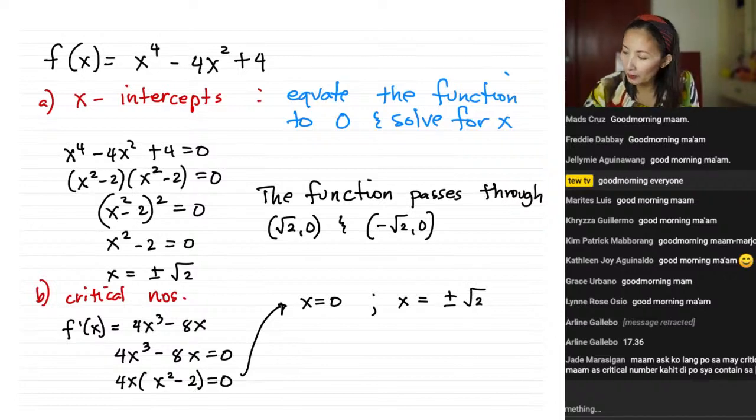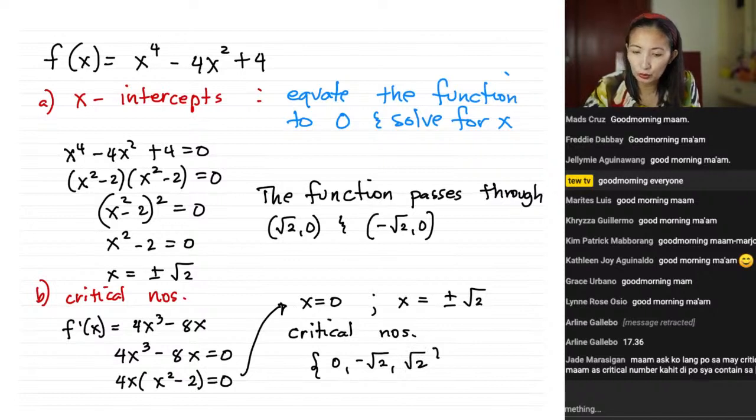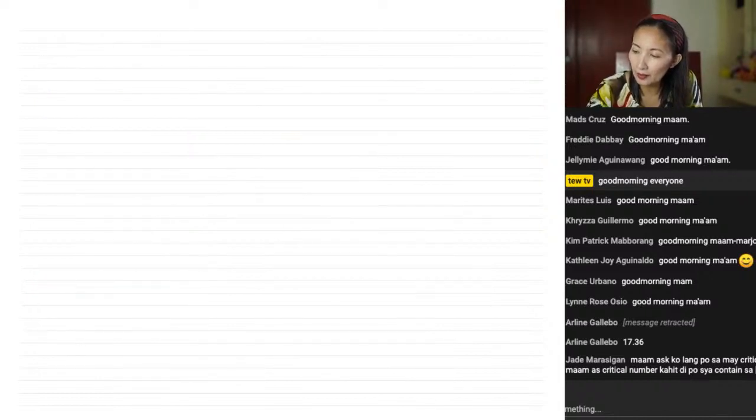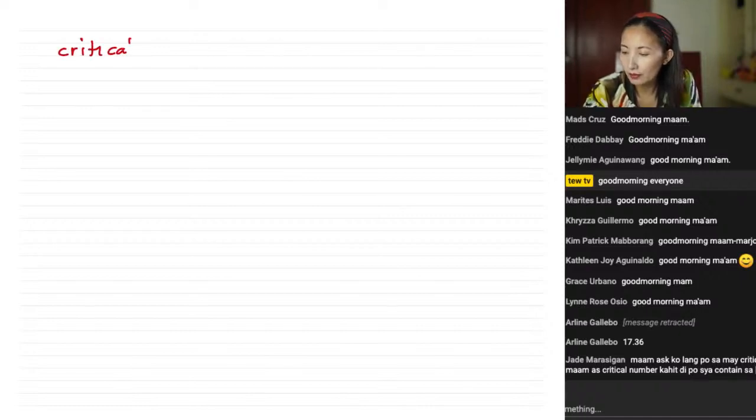So, how many critical numbers do we have? Our critical numbers are 0, negative square root of 2, and square root of 2. Okay? Next, our critical points. Those are only numbers. So, critical points, that's the next step. The critical points are, for x equal to 0, find f of 0.